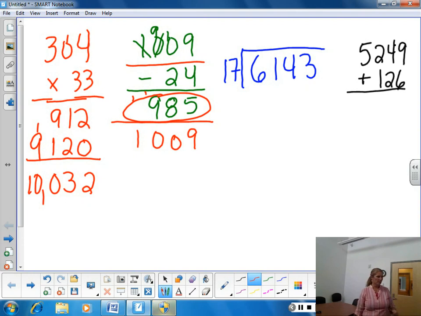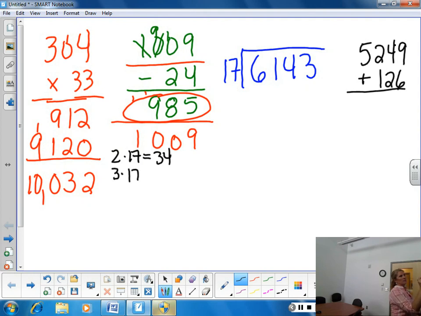Remember that? Okay, 17, dividing by 17, this is one where we didn't really think you had all those memorized. What I suggested was that you write down your 17s. I'm not going to write 1 times 17, but 2 times 17, just 17 plus 17, that's 34. 3 times 17, add 17 again, you get 51.